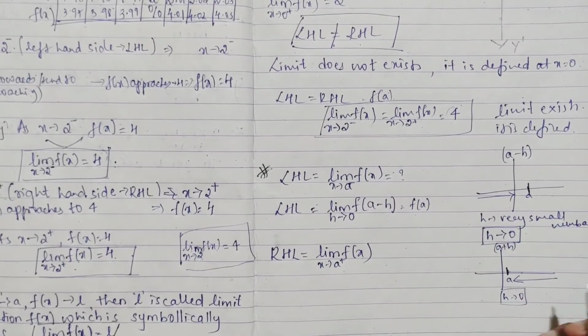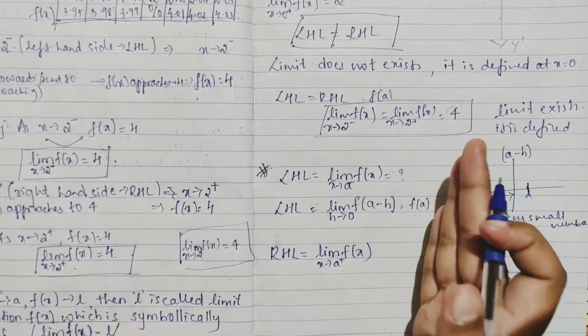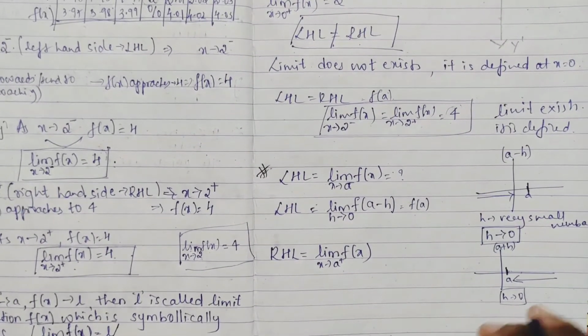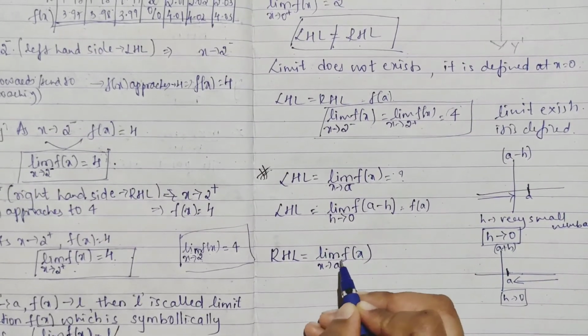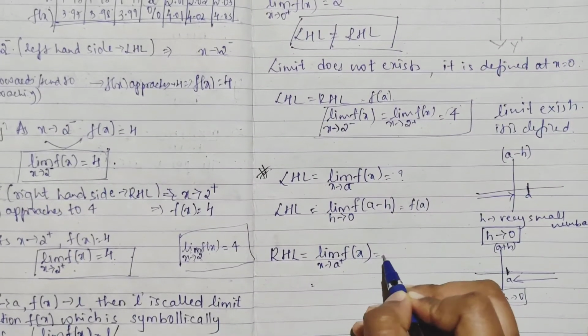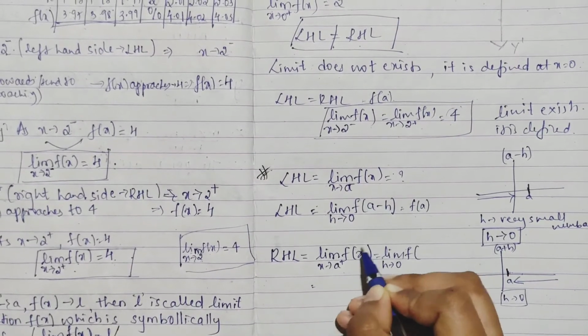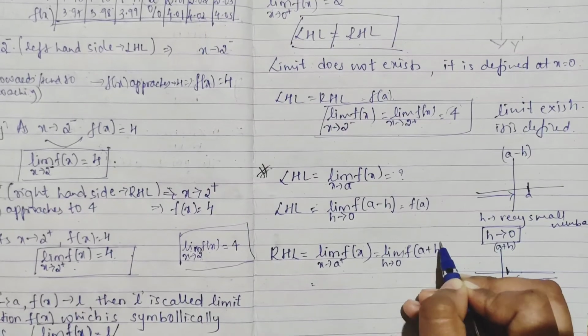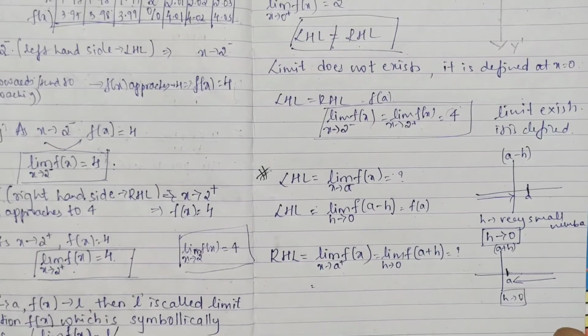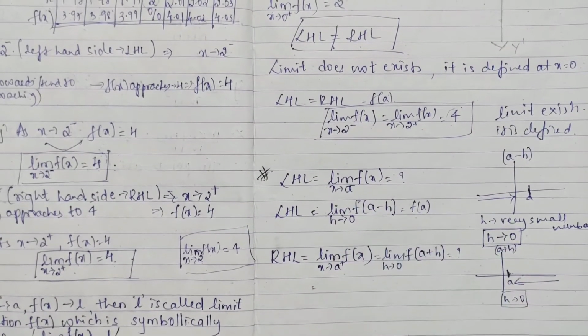So you find the limiting point that way. I'll write here: limit as h tends to 0, f of a plus h, then you will get the value. So RHL and LHL are found like this.